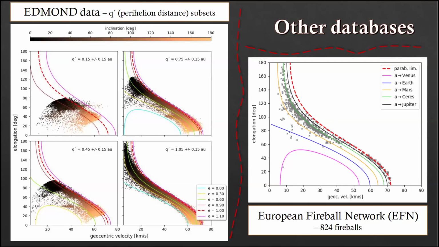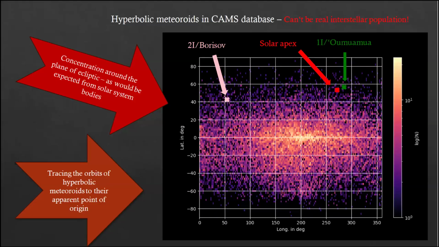Another thing you can look at is if you trace the orbit, if you find the asymptote and look where they could possibly come from. So here we again have data from the CAMS database.